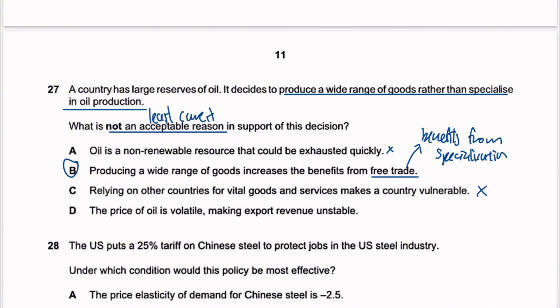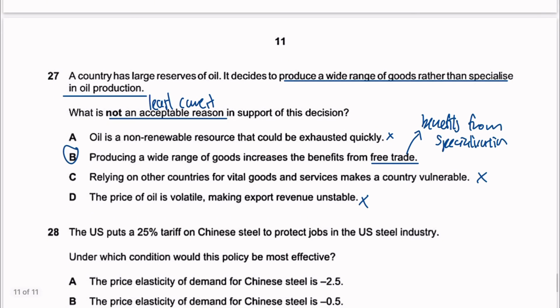D. The price of oil is volatile, making export revenue unstable. Yes, this is also why we want to diversify the industries, so that the country's export revenue will be better, as it does not depend solely on the oil industry.